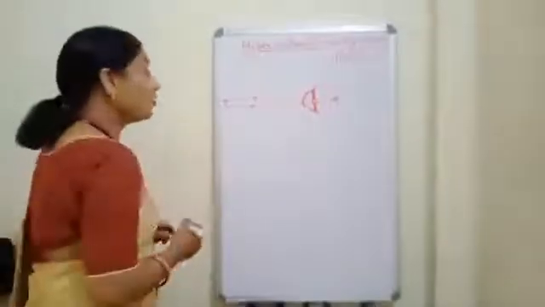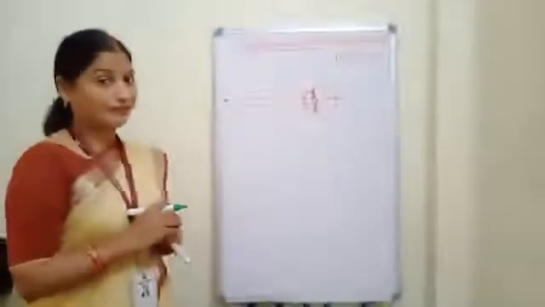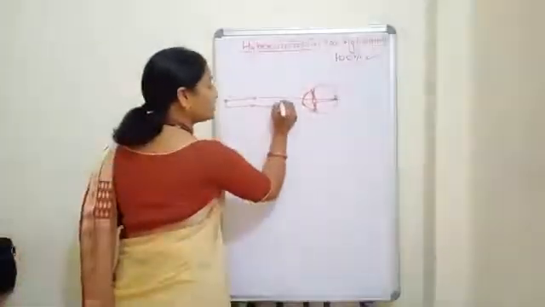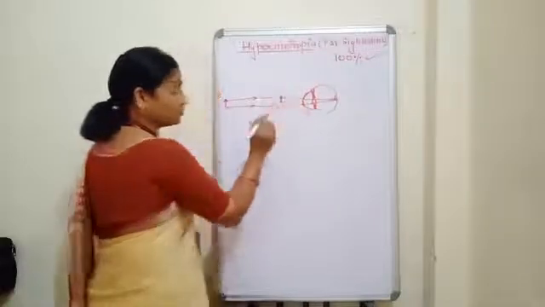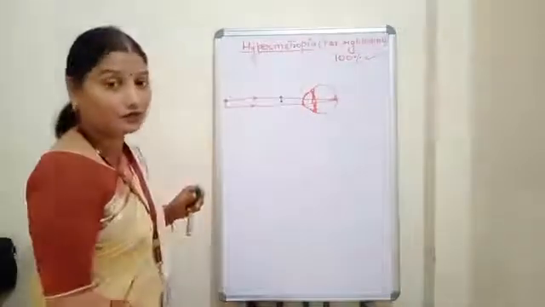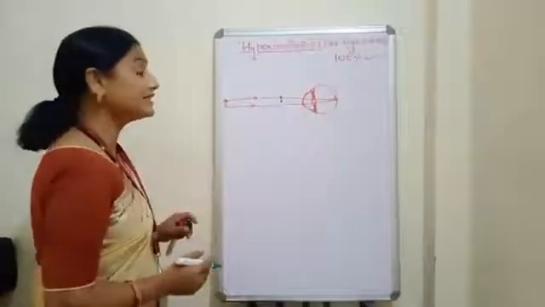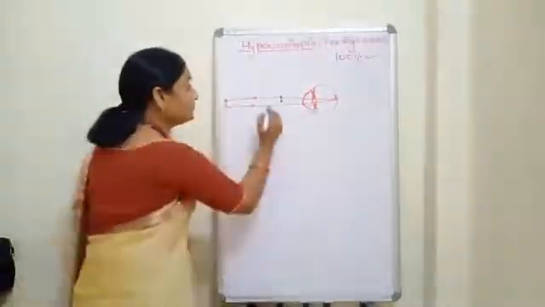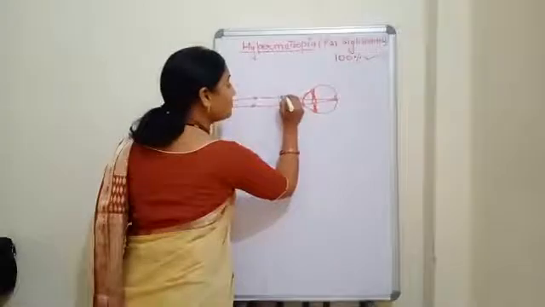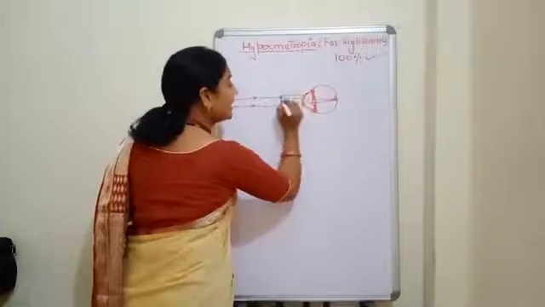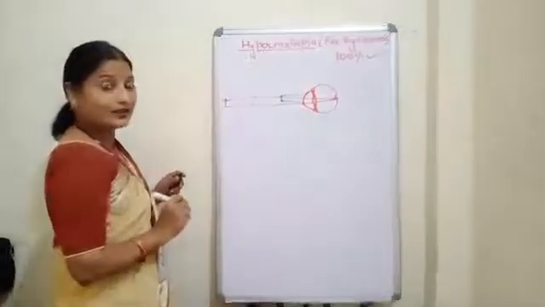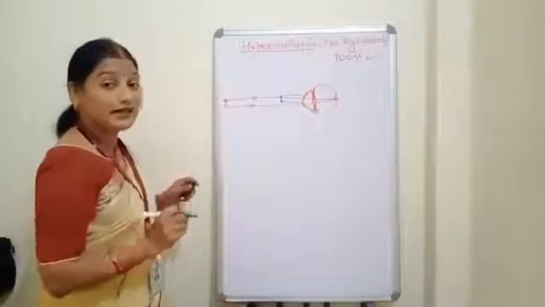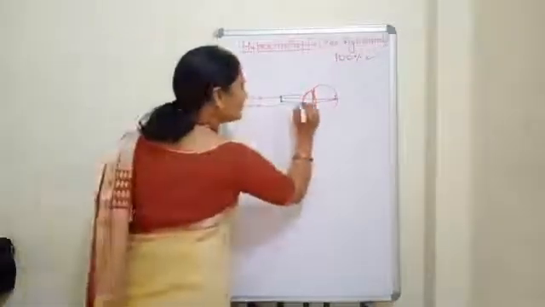Now children, see. When we want to see near objects, the object is kept somewhere here, at the 25 centimeter near point of accommodation. If the rays of light are coming from here, they are still in their diverged form, so a little bit of convergence is needed.